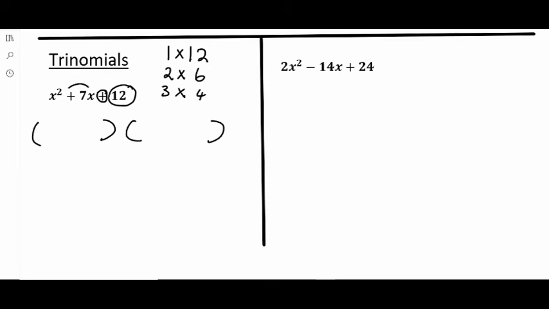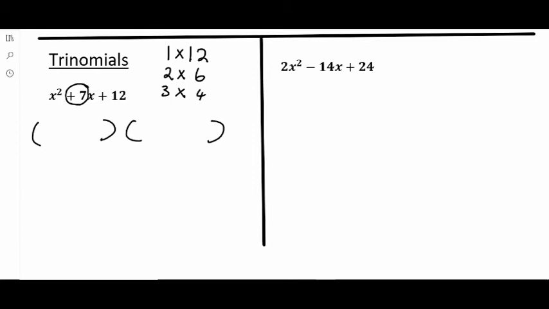I need to look at this value. I call it the b value, because in quadratics, that's what this is referred to as. The b value is positive 7. Remember I said that the 12 sign you don't have to worry too much about, but the b value sign is extremely important. We need to get a positive 7 by using these factor pairings. How can I minus and add these numbers together and get a positive 7?